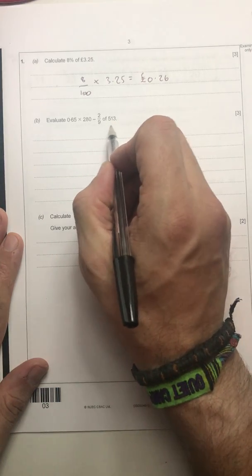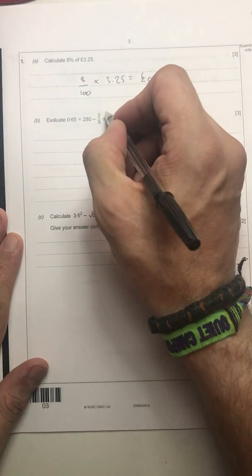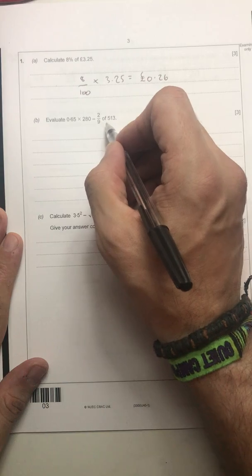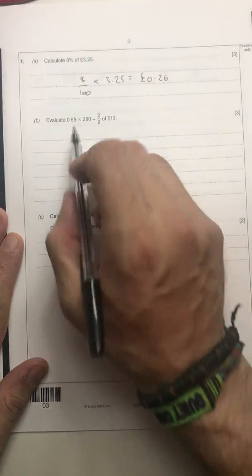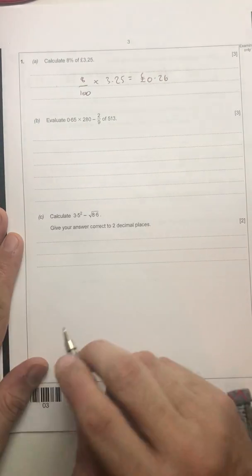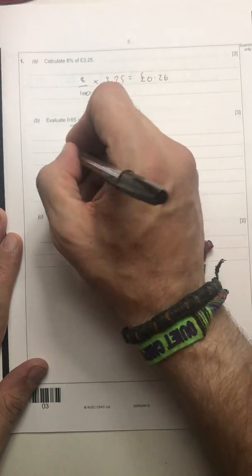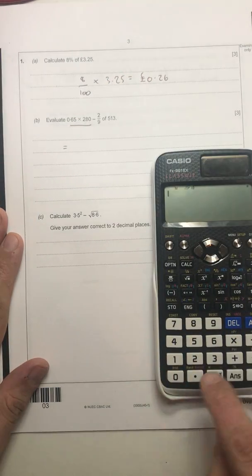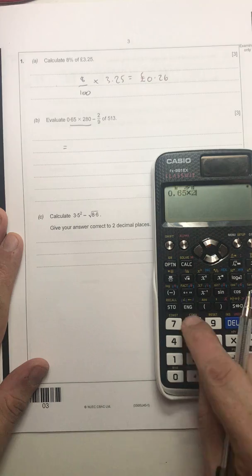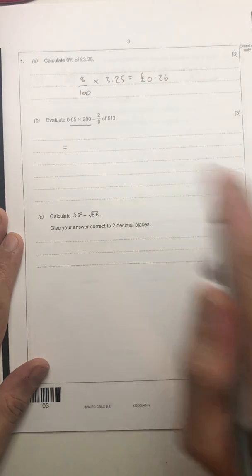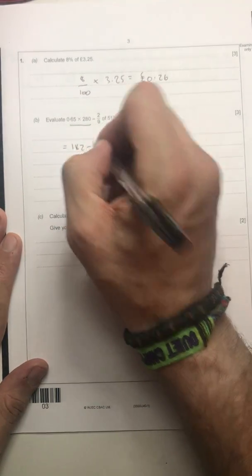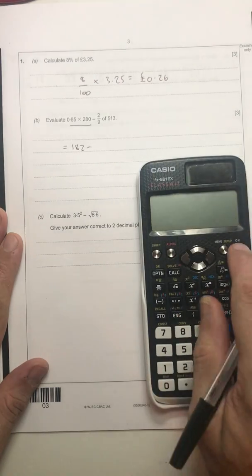For part B, you've got to follow your rules of BIDMAS. So 2/9 of 513 is the same as saying 2/9 times 513. I would work out this bit first: 0.65 times 280 gives me 182. Then I'm taking away 2/9 of 513.